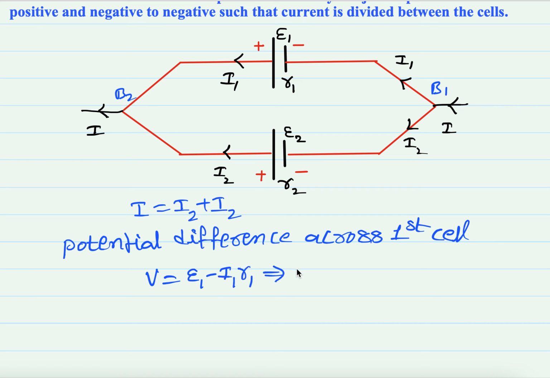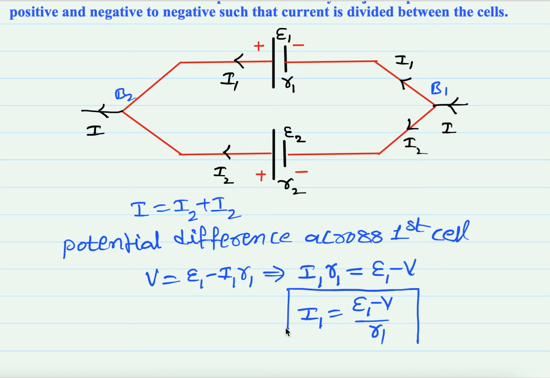So from here we'll simplify this. I1 value we'll calculate. So I1 R1 is equal to E1 minus V, so I1 is equal to (E1 minus V) by R1.